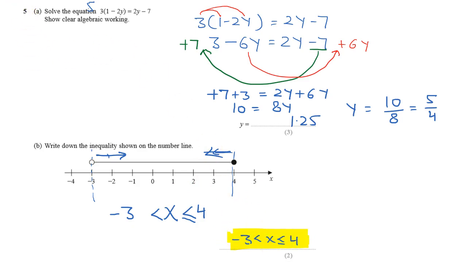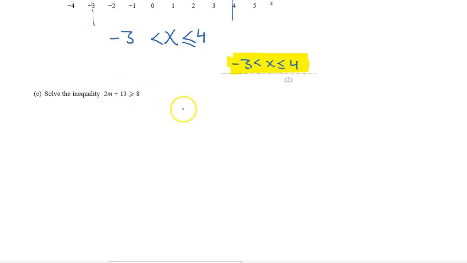So check your answer. Solve the inequality 2m plus 13 is greater than or equal to 8. Now same thing here, this is plus 13. Let's take it this side, so it will become -13.